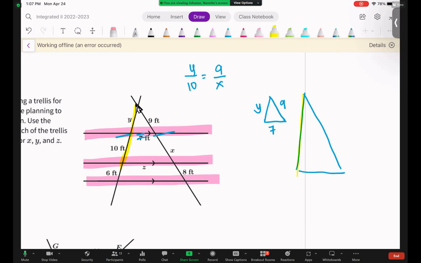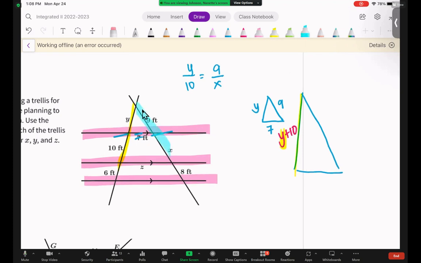So how much did you walk all together as a tiny little ant? y plus 10. Does that make sense? So similarly, how long would this side be right here? Yeah, very good. x plus 9 or 9 plus x, it doesn't matter.